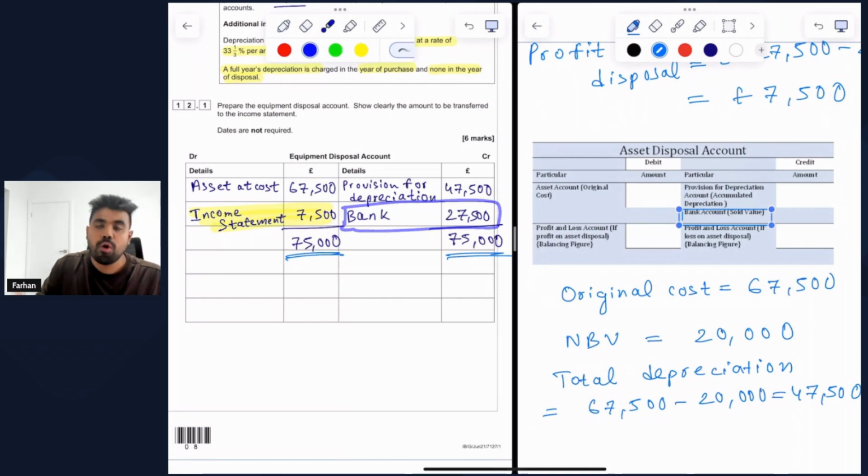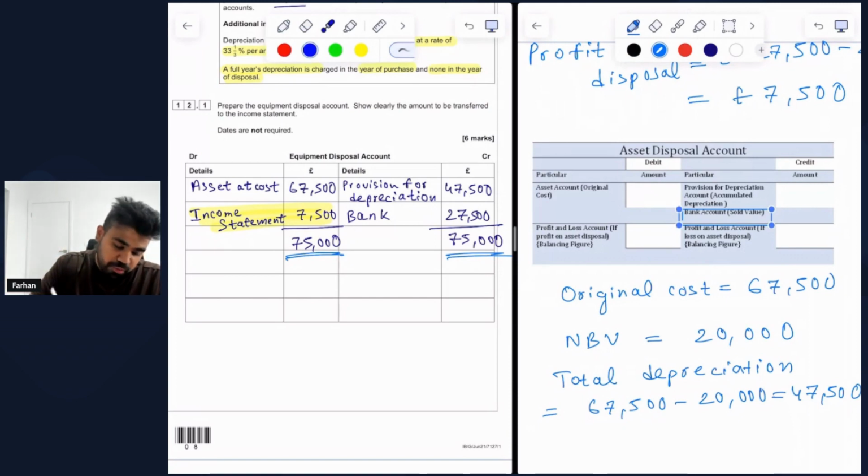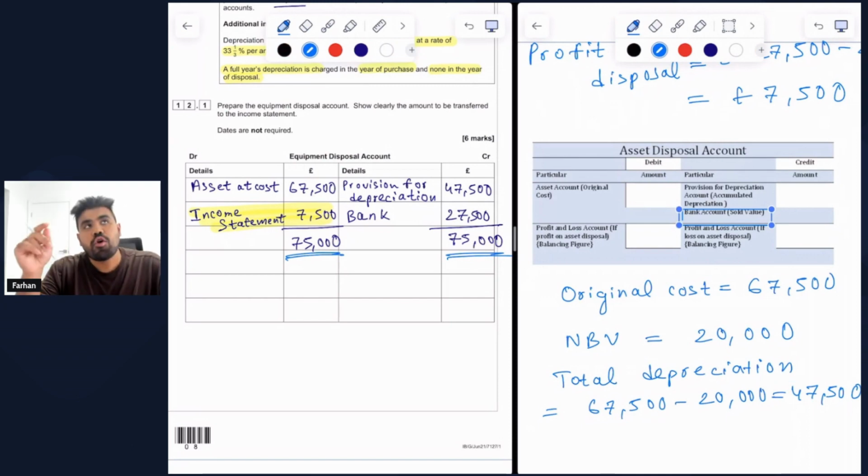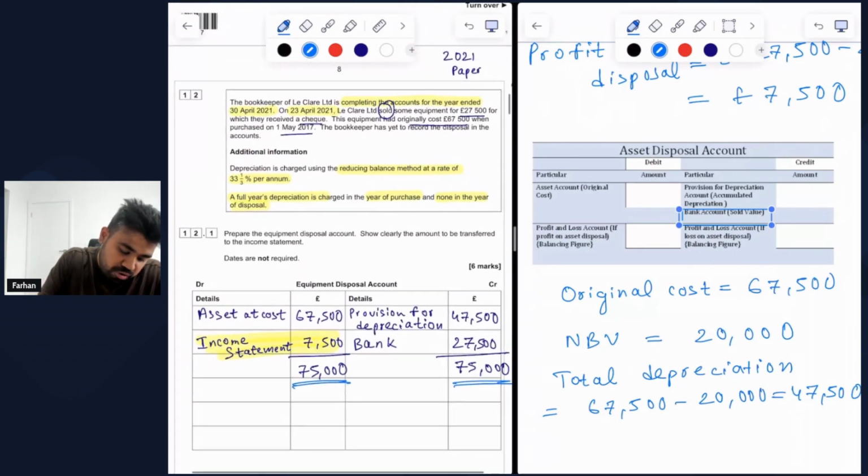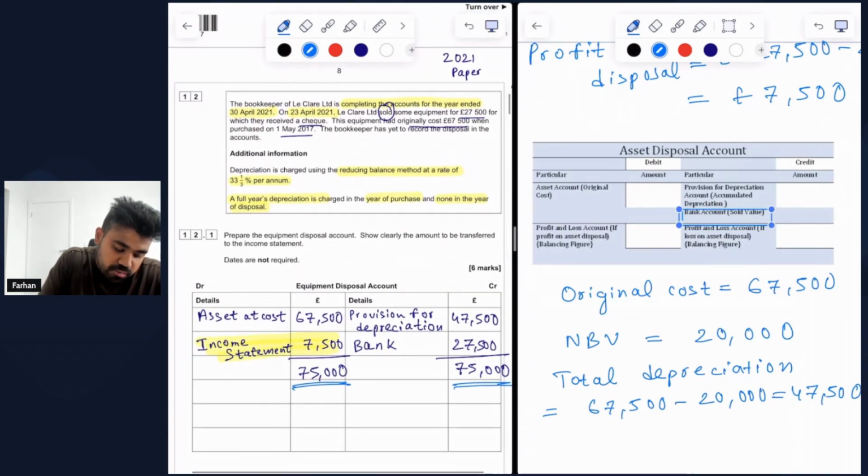Now, how does this work logically? So let's have some discussion here. You're not required to know that in depth, but you can know it. So let me show you something. If you are selling the equipment for £27,500, how would you journalize this in the books? First of all, by selling the equipment for £27,500, the question mentions that you are receiving a check, isn't it?